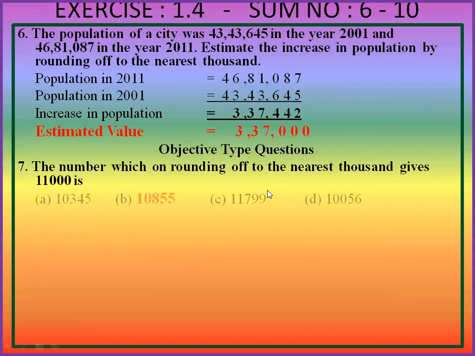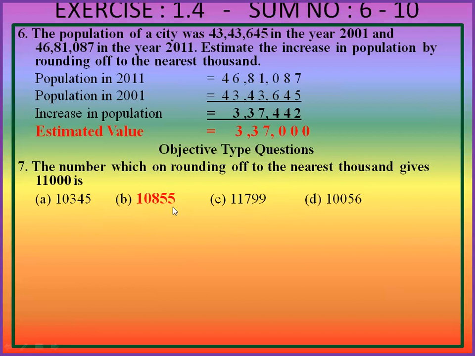The number which on rounding off the nearest thousands gives 11,000 is. So here are the options for you. 10,345, 3, it's less than 5, you cannot round up. Now next, when you take 8, it's more than 5, so when you add 1, it becomes 11,000. Here it's already more than 11,000, so it won't be the answer.